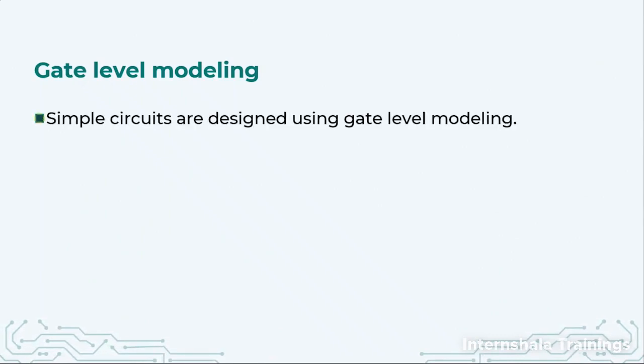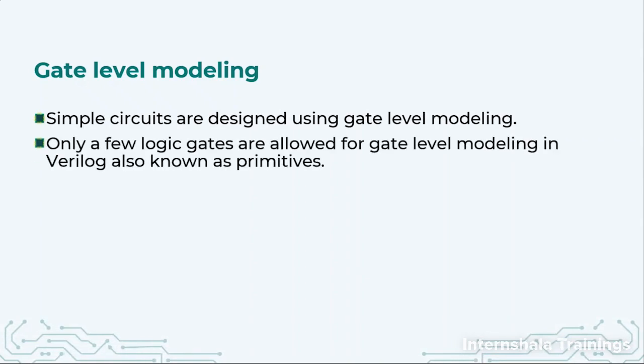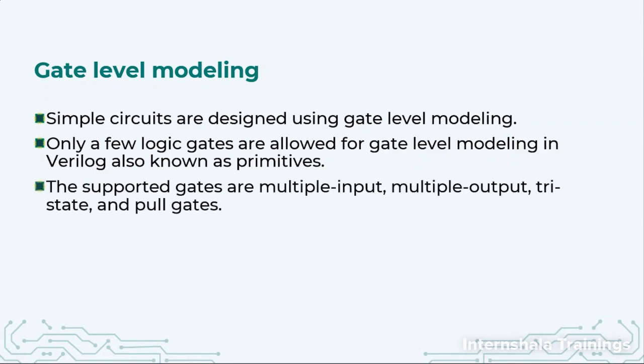Simple circuits that have a smaller number of gates, which can be derived by optimizing the Boolean expressions, can use gate level modeling. Only a few logic gates are allowed for gate level modeling, and these are called primitives in the Verilog programming language. The supported gates can be multiple input, multiple output, and tri-state logic based gates also.